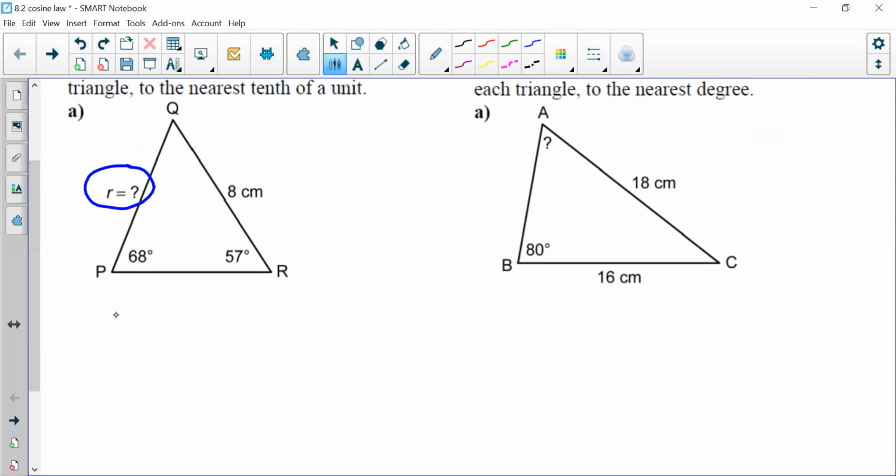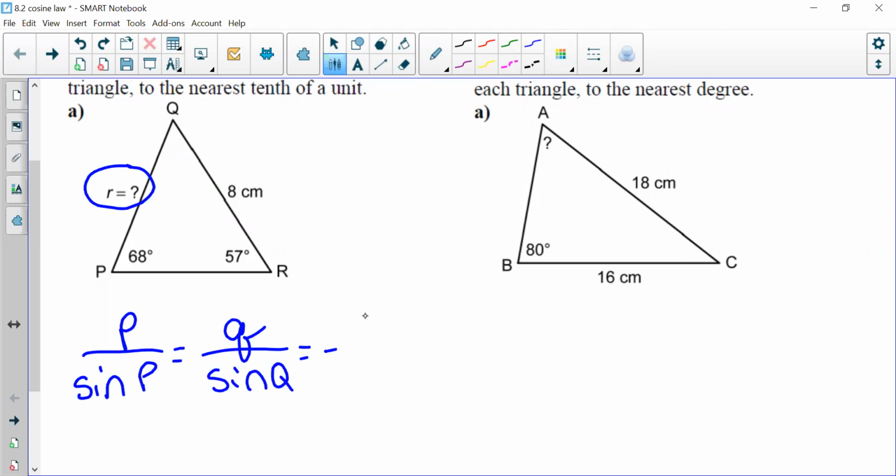I'm going to rewrite my sine law formula so it's reflective of the letters in this triangle. So P, Q, R, sides or lowercase letters in the top, and angles in the bottom. Sides are lowercase letters, angles are capital letters.